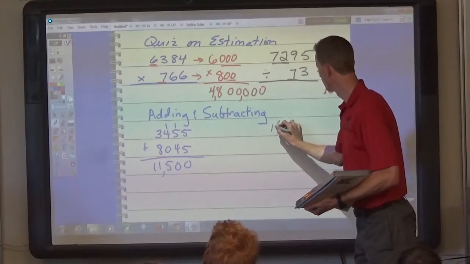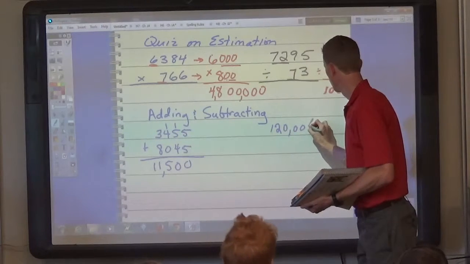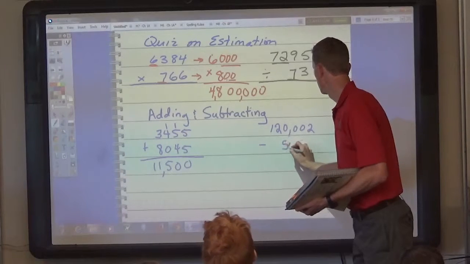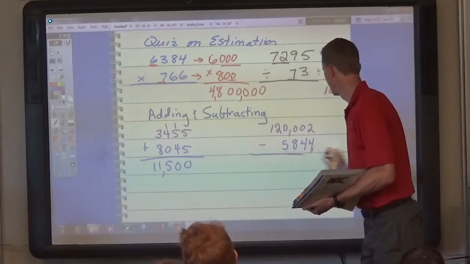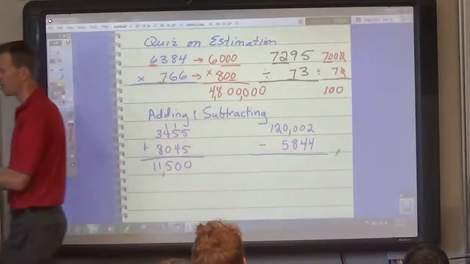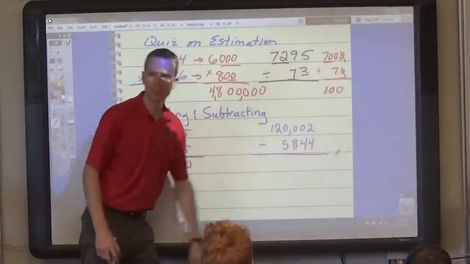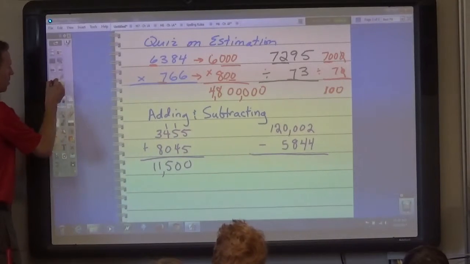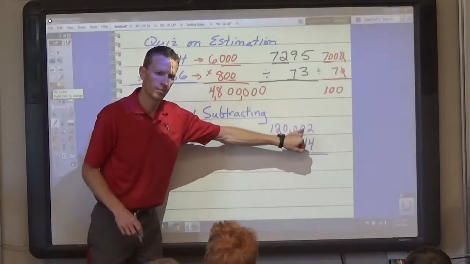We got some zeros in there that we have to deal with. Right? Line up the place values. And I gave you one specifically because I want you to have to deal with these zeros. Okay?